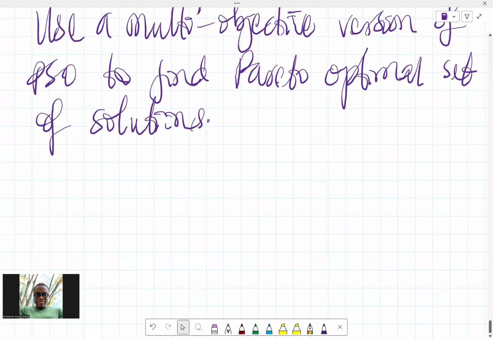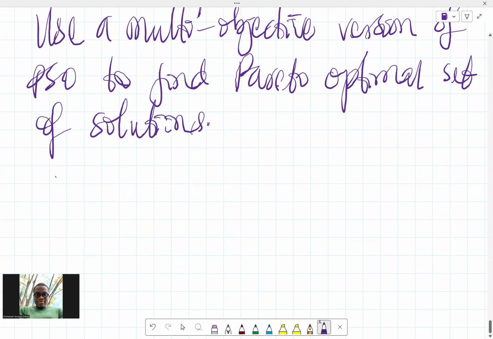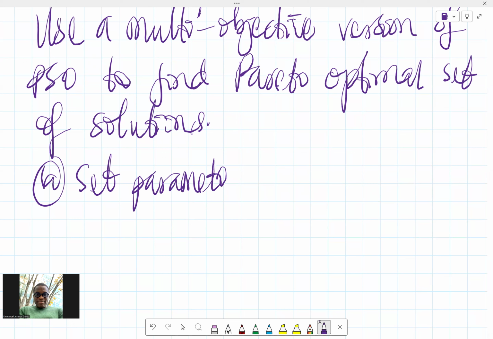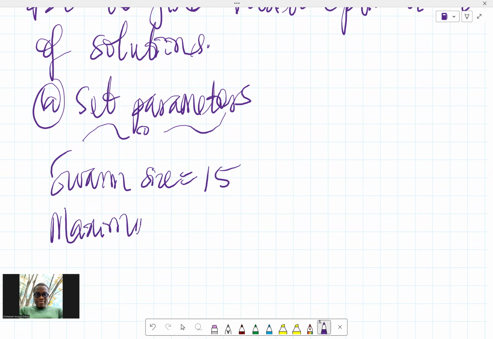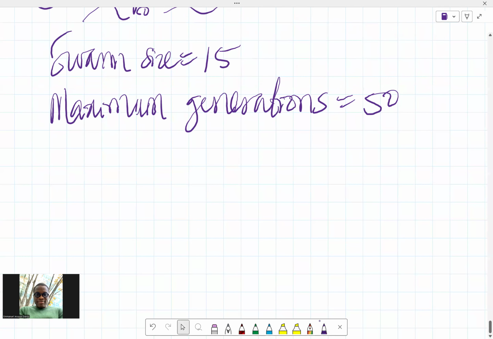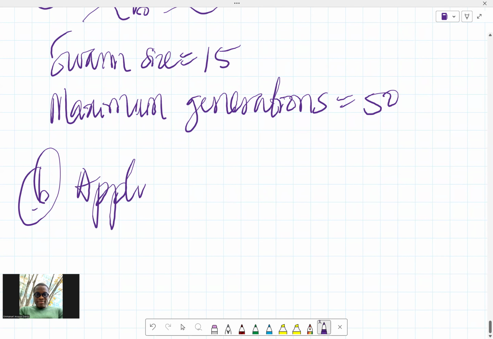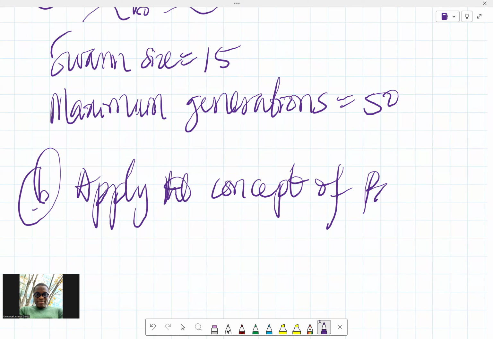Okay, so we need parameters, right? For the set parameters, let's say swarm size. Take swarm size to be 15. Then take maximum generations to be 50. Then apply the concept of Pareto dominance to compare the solutions.